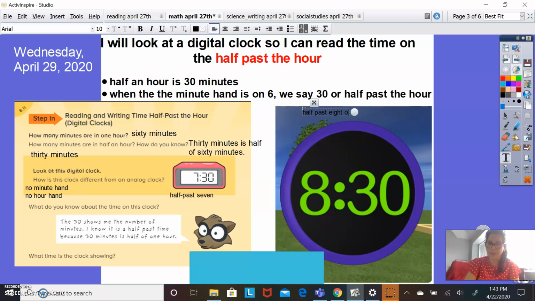And we forgot the word o'clock, right? So we gotta go put that back on there. I'm gonna make this just a little bigger so that we can see it. Half past 8 o'clock, and then over here, I gotta go back and put o'clock. Half past 7 o'clock here, half past 8 o'clock here.